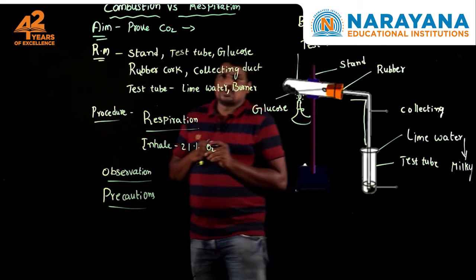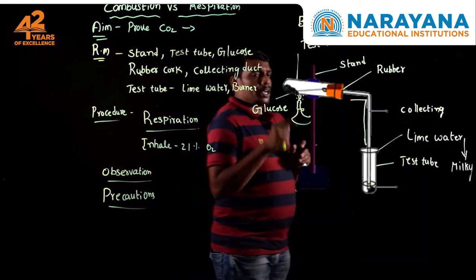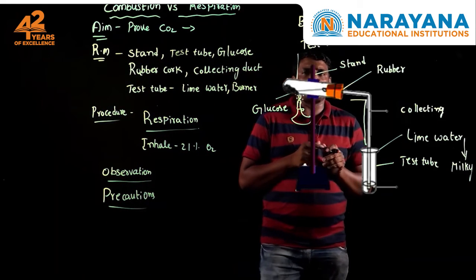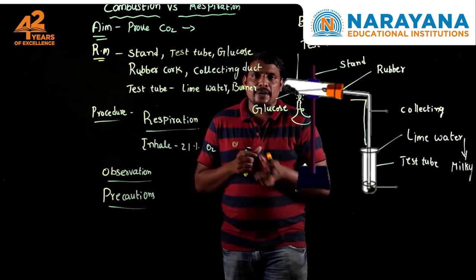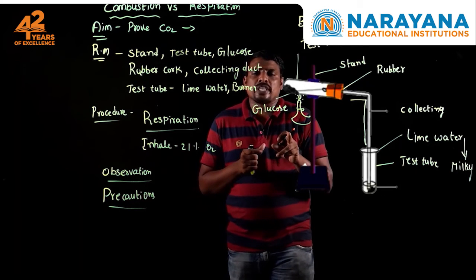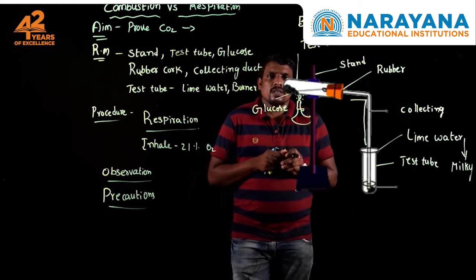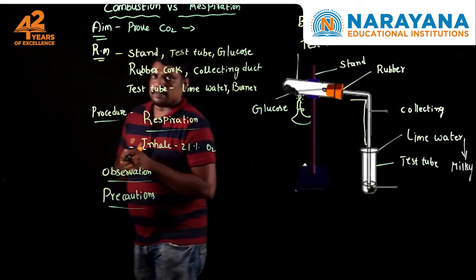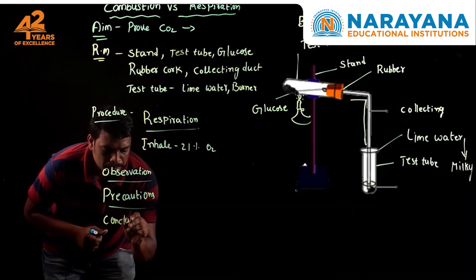Then precaution number 2, let us observe. What precaution do we have to take? Carefully we have to arrange the apparatus, and we need to take care of ourselves with the Bunsen burner during the time of doing this experiment.